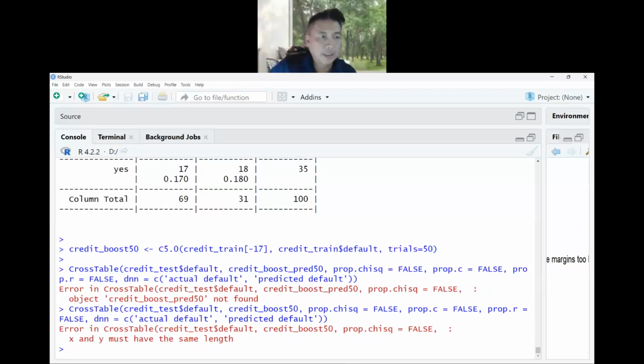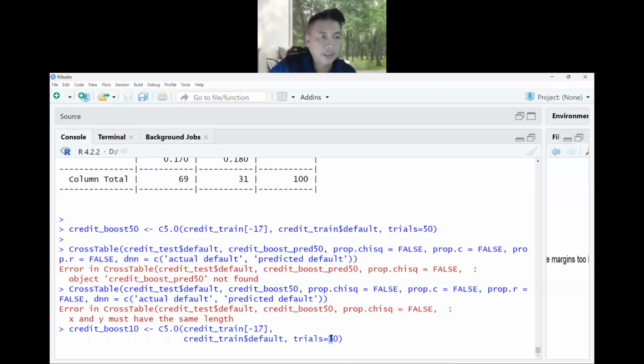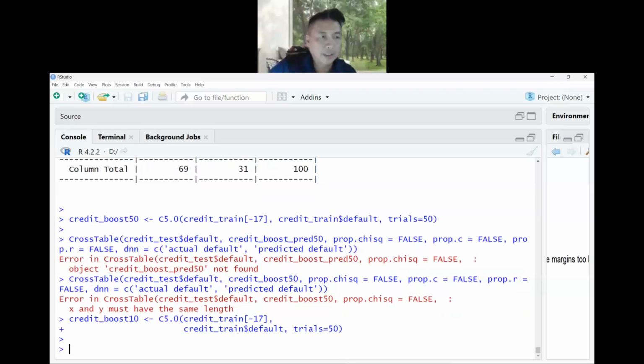Let me check again. Okay, I'm using 50 here, no problem. Then I will use this one to predict.